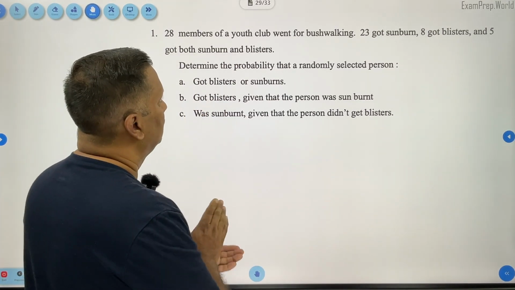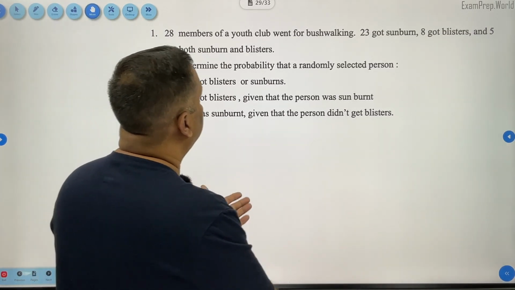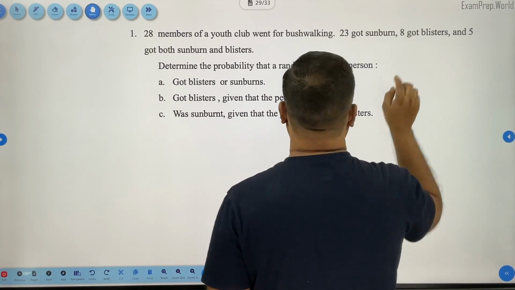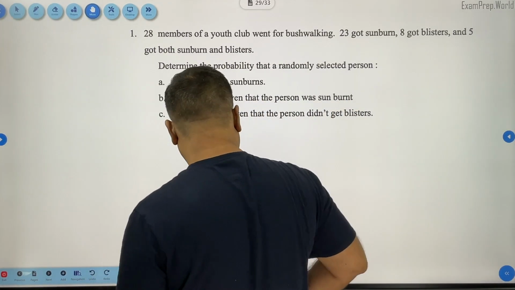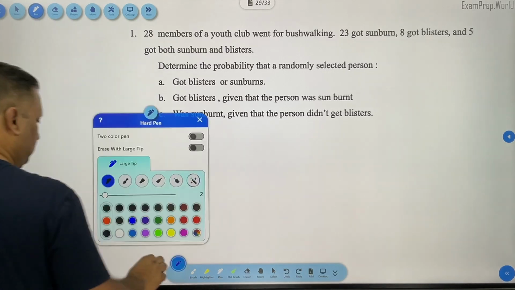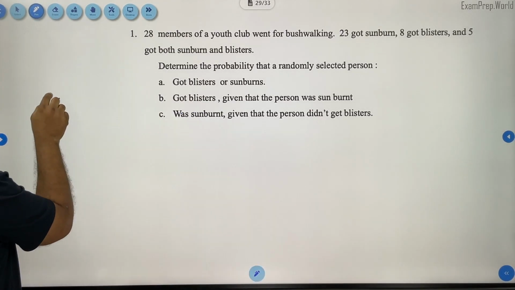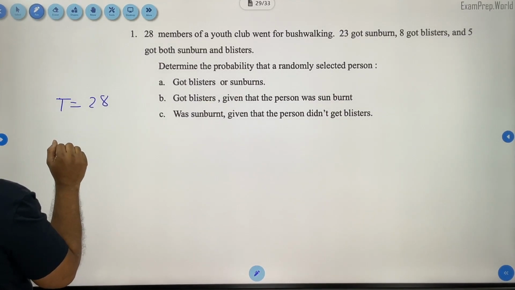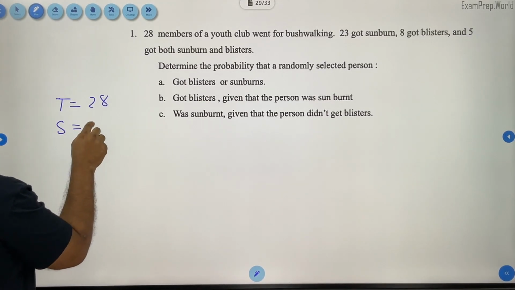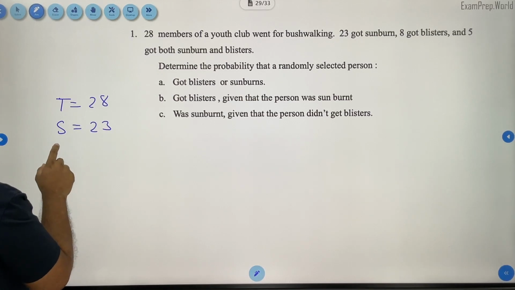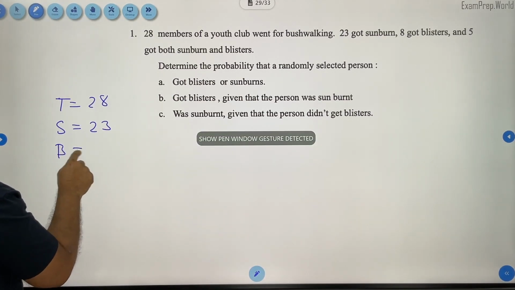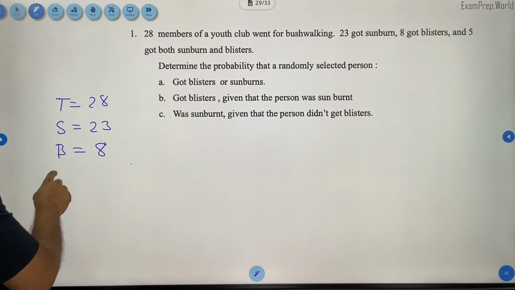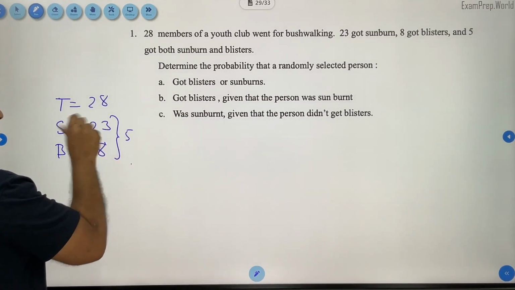So let's write the data. Total 28, sunburn 23, blisters 8, 5 both of them together.